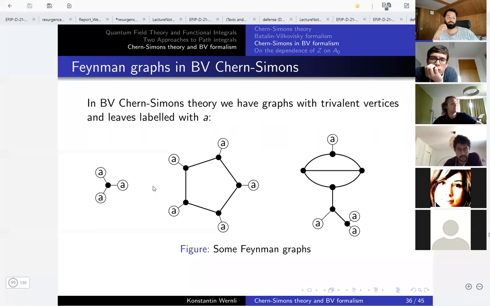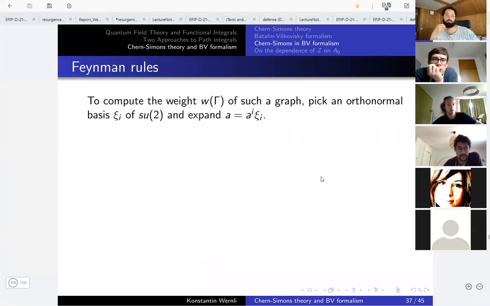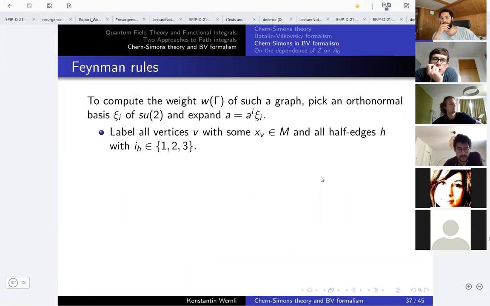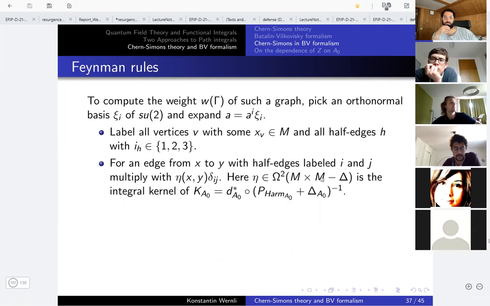So there is a leaf labeled A, and then there are trivalent vertices. Okay. So these are some examples. And to compute the weight, you pick an orthonormal basis of SU2. And then again, you label all the vertices and half edges. And then to an edge, you associate the integral kernel of this map here.